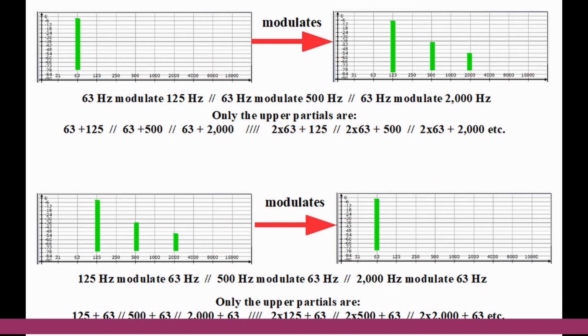The second reason is pure mathematics. The resulting spectrum is calculated by the formula carrier frequency plus and minus modulator frequency, and carrier frequency plus and minus double the modulator frequency, and so on.